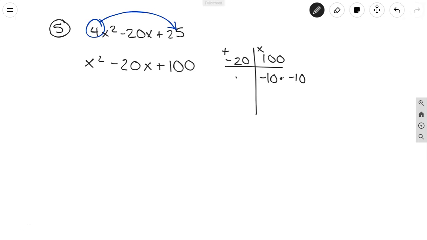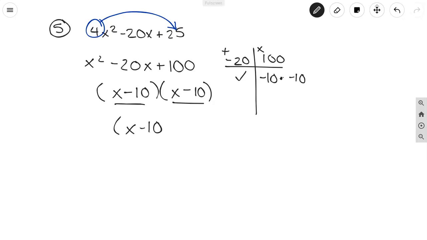Negative 10 plus negative 10 is negative 20. So I would rewrite this as x minus 10 and x minus 10. Now, again, I notice I have the same thing. So I'm going to write this as x minus 10 squared.